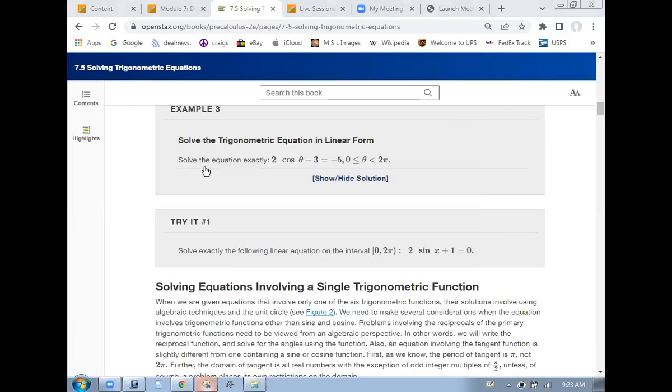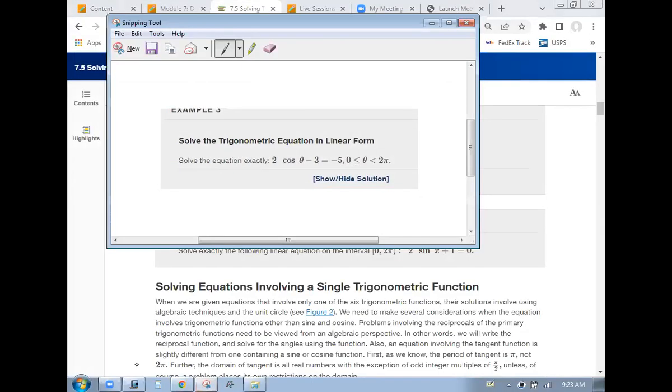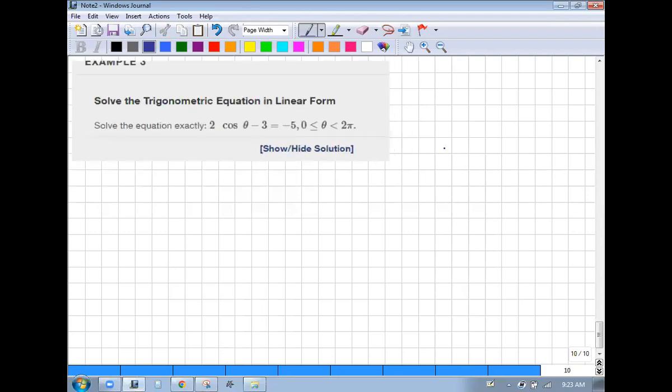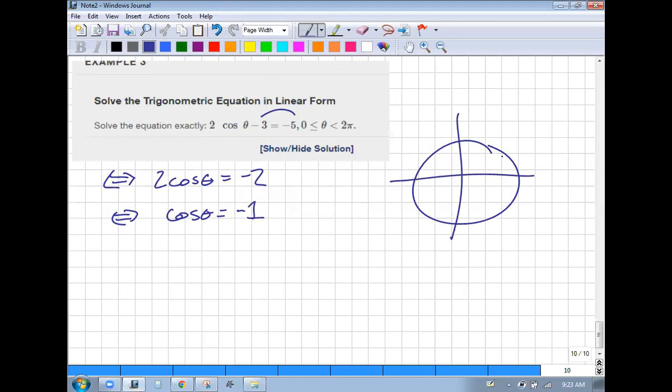Sometimes they make it a little more difficult. Here it's not just sine or cosine. Well, what we're going to do is just rearrange it to where it's just like one of the last ones. 2 cosine theta. If I add 3 to both sides, I get this. If I divide both sides by 2, I get this. And so cosine is the x value. That's the only angle where the x value is -1.